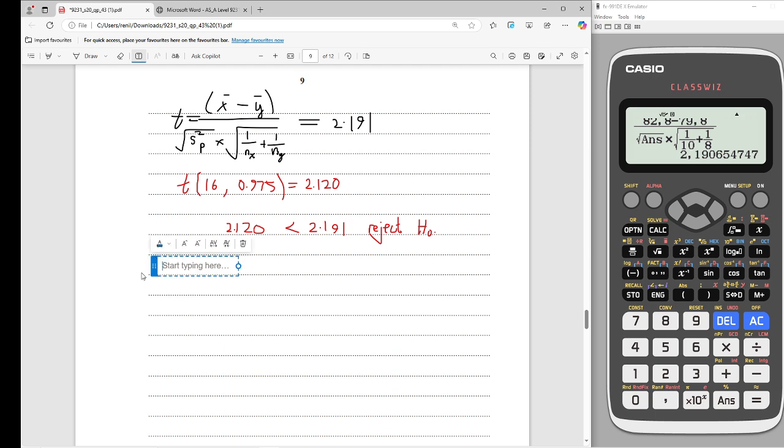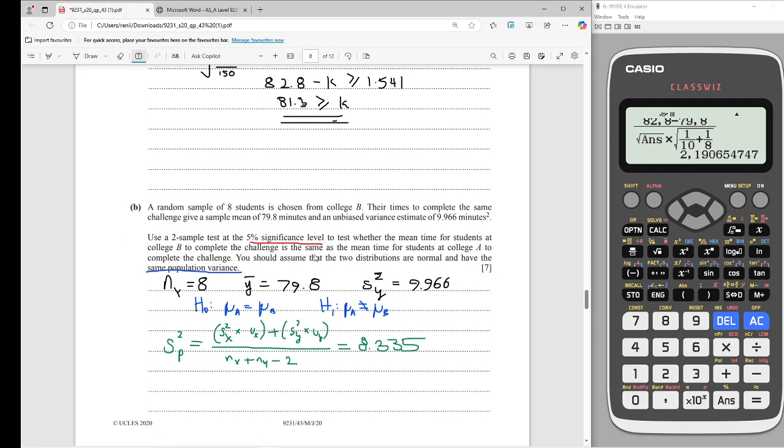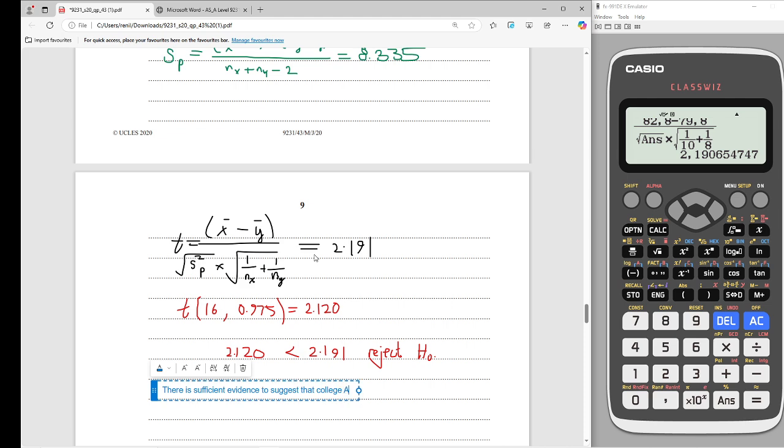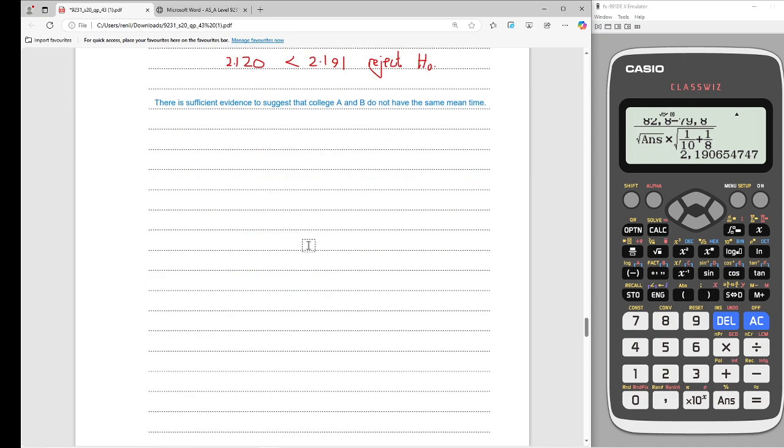And so our answer would be, whenever we reject H null, there is sufficient evidence to suggest that college A and B do not have the same mean time. That should be our answer for this one.